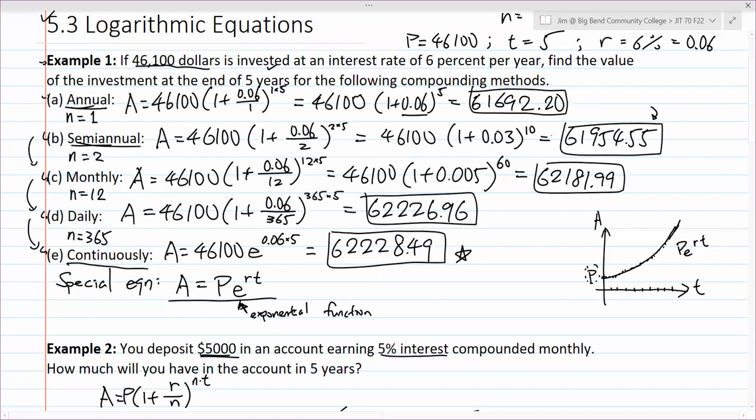Right. So we can calculate that amount and then compare. So this is an extra section to see how much we've earned.